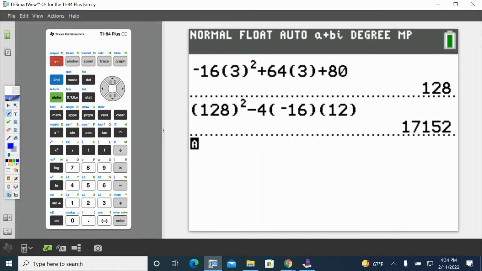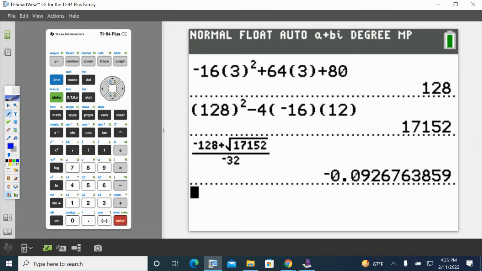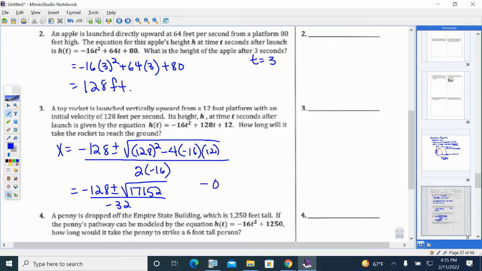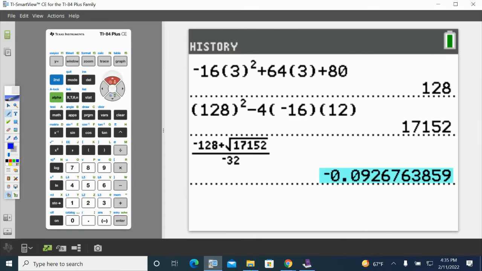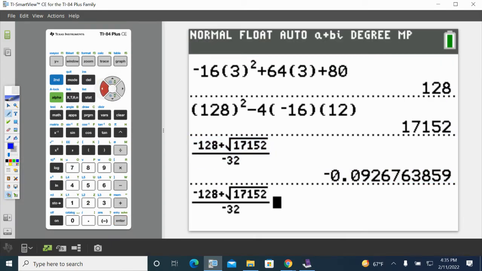So I'm going to take that negative 128 plus the square root of 17,152 over negative 32. And I'm going to get negative 0.093. And then I'm going to repeat that process, but I'm going to change that plus to a minus.